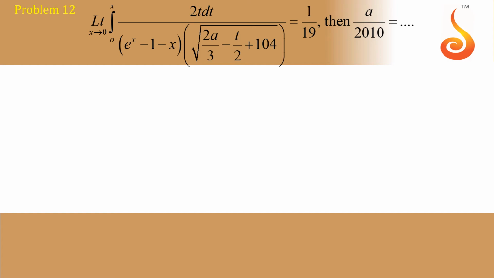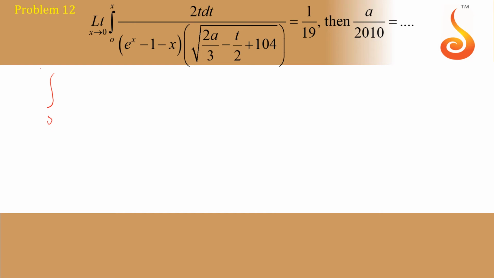Limit x tends to 0, integral 0 to x 2t dt by e power x minus 1 minus x into under root of 2a by 3 minus t by 2 plus 104. So actually the question that is equal to 1 by 19, then a by 2010 they are asking. So see, I am writing the question.